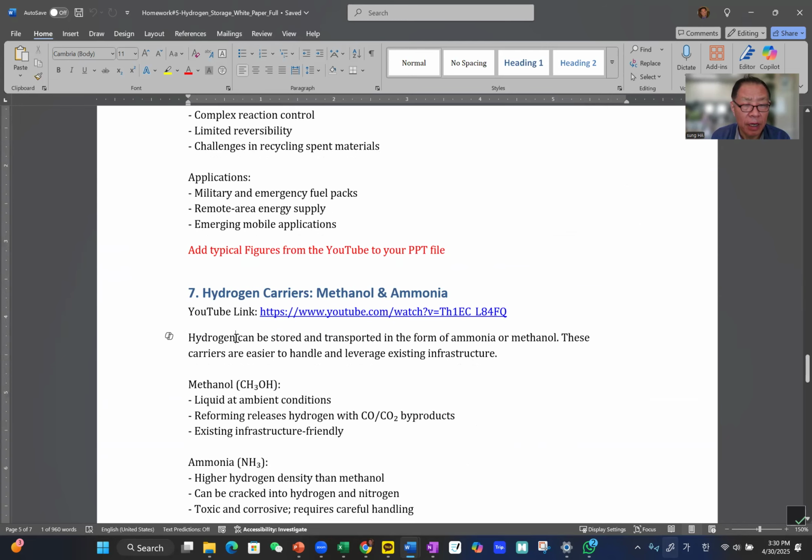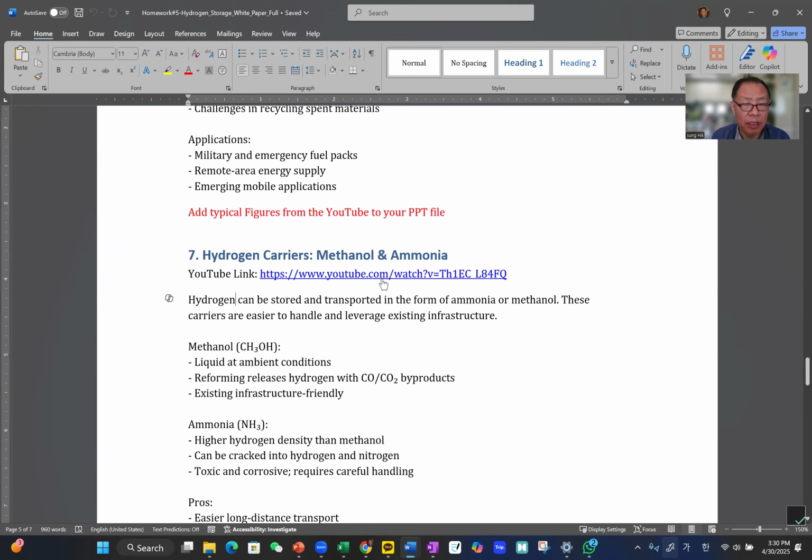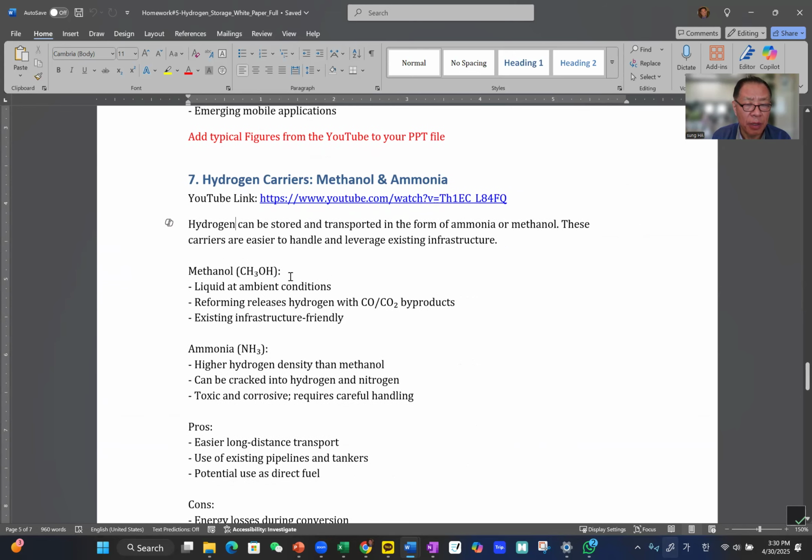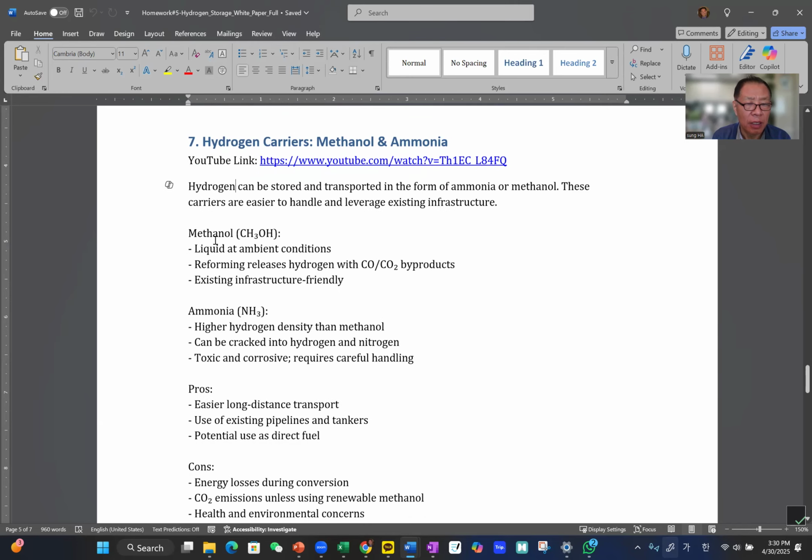And hydrogen carriers such as methanol and ammonia are becoming very popular right now. As you can see, there is H2 hydrogen in there. So using methanol, we carry the hydrogen.